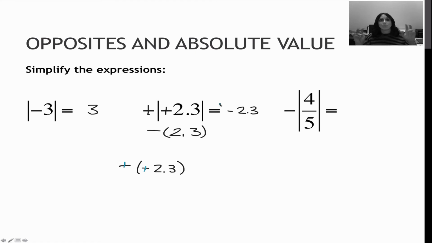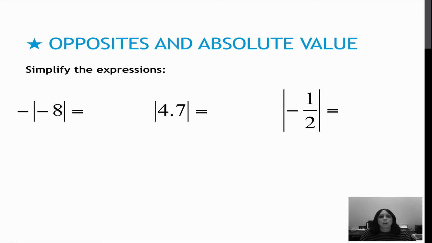So it's inside that black box in the airplane where you can't get in. So get everything done inside first before you worry about anything on the outside of that. My last one here, I've got the absolute value of 4/5, and the absolute value of 4/5 is 4/5, and then this negative on the outside tells me to do the opposite, so my answer is -4/5.